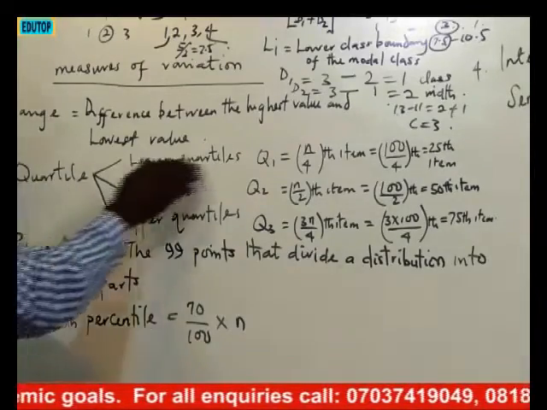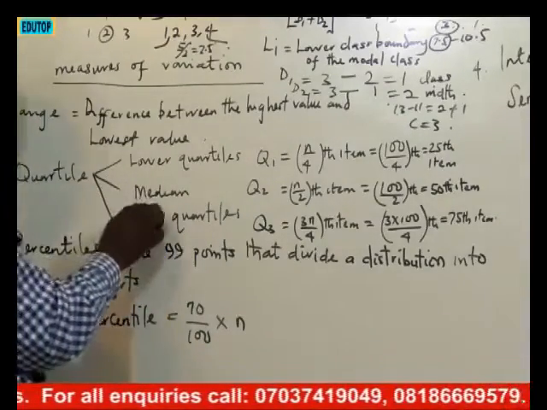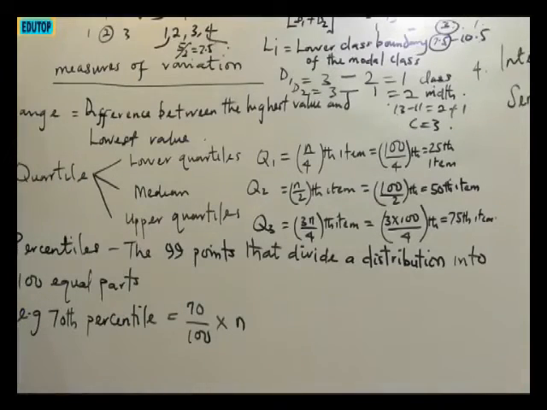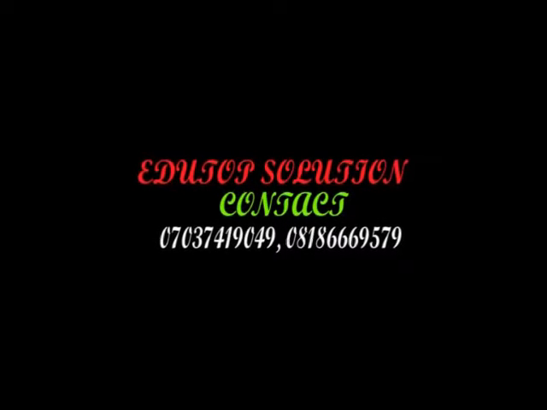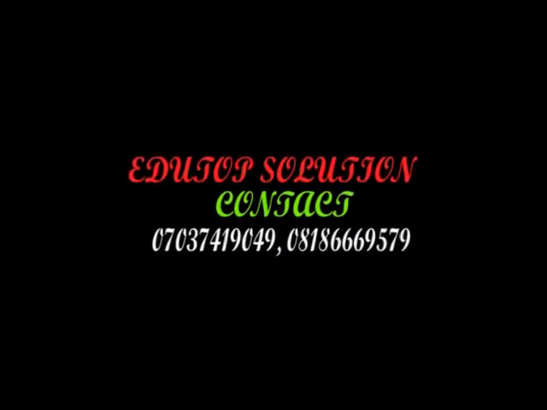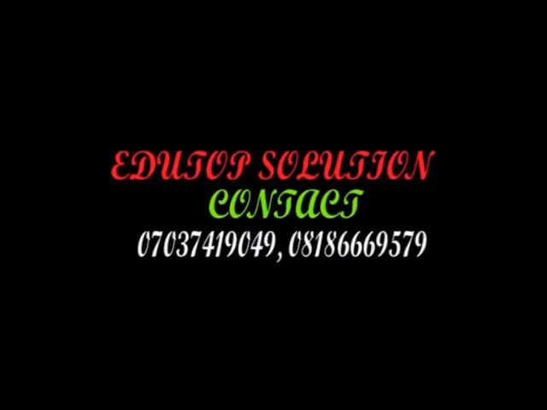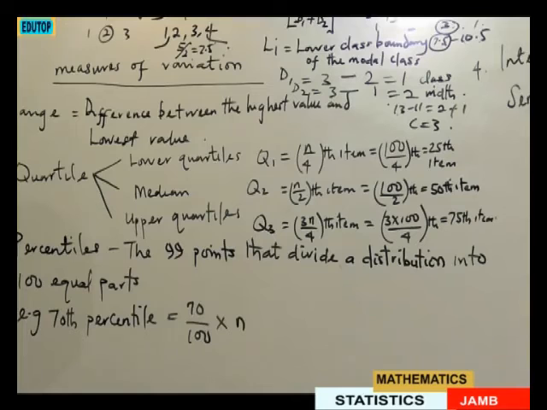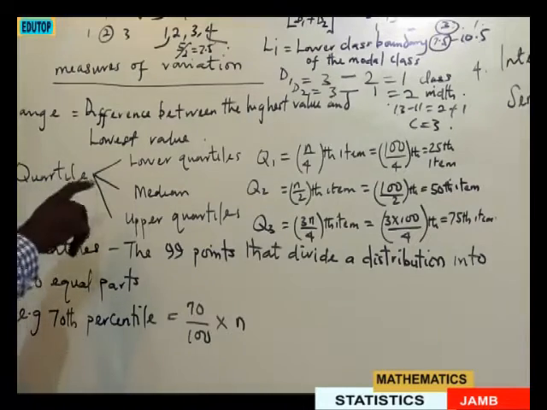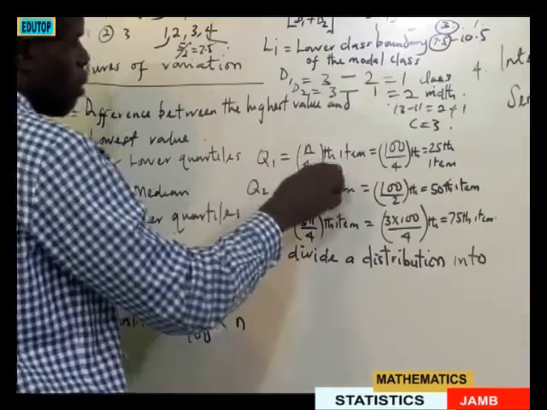We have lower quartile, we have median, then we have upper quartile. Then every one of them has its own formula.